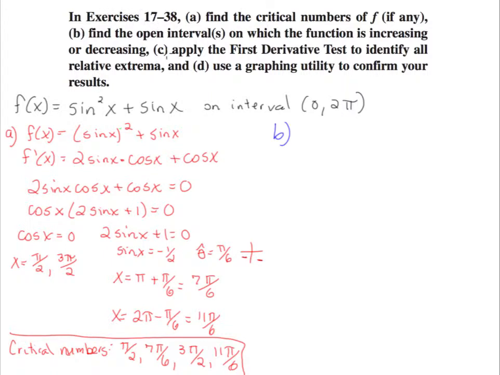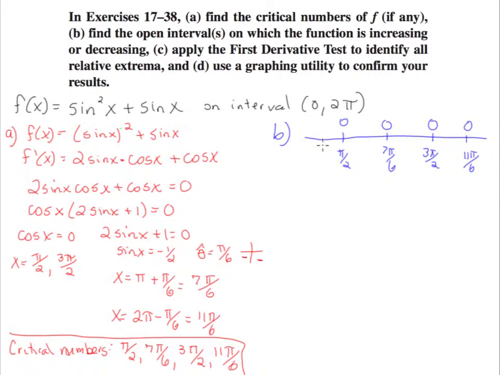For part B, to find our intervals increasing and decreasing, we can make a sign chart, putting all our critical values on there in increasing order, and then plug in values in between each of the critical values into our derivative function to determine if we're going to have a positive or a negative.